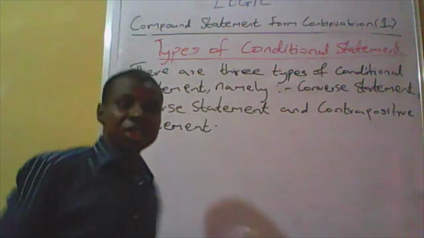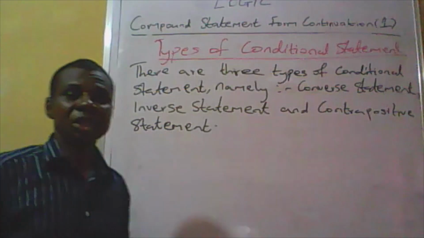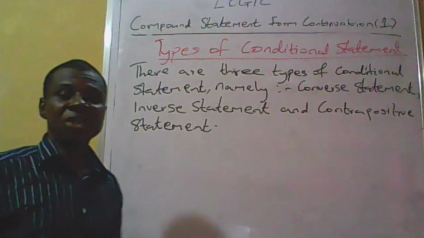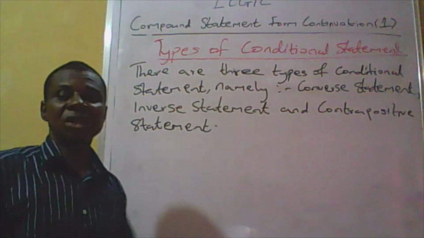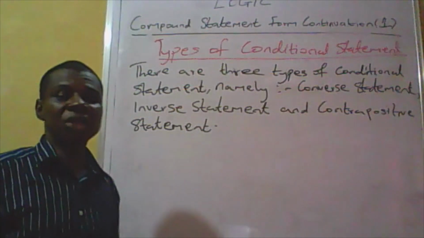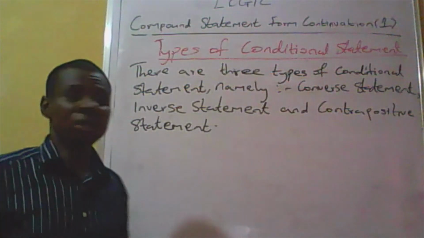These are the three types of conditional statements. One is the converse statement, second is the inverse statement, and third is the contrapositive statement. Let's discuss them one after the other.